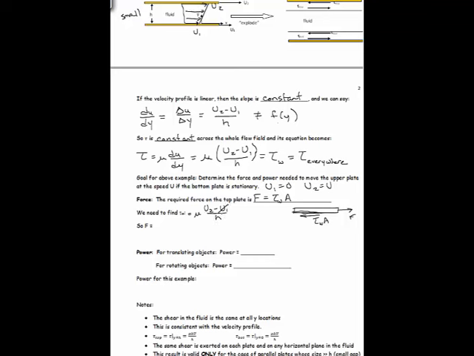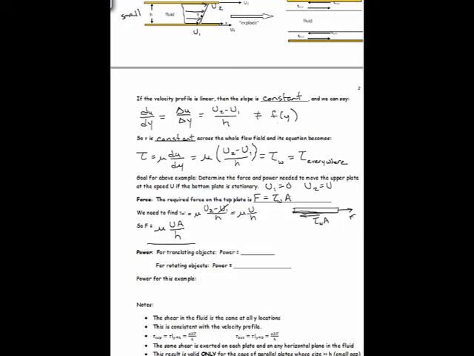But our u1 is 0 and u2 is u, so tau wall is mu u over h. Very simple. So F is your tau wall times the area, which is mu u times the area over h. If that's some kind of rectangle, that area would just be this length times the width out of the page. So force is pretty straightforward.